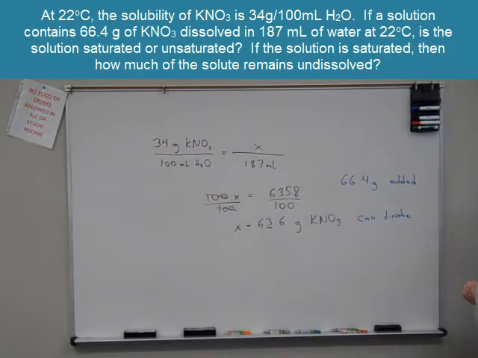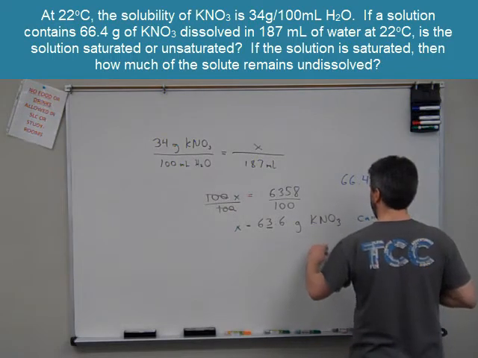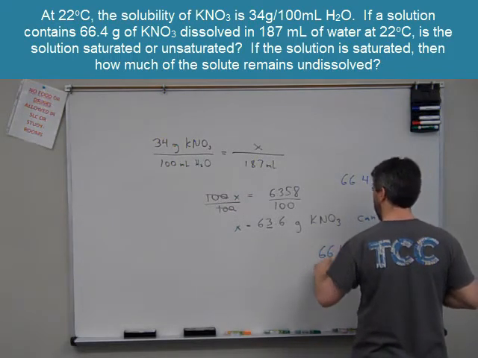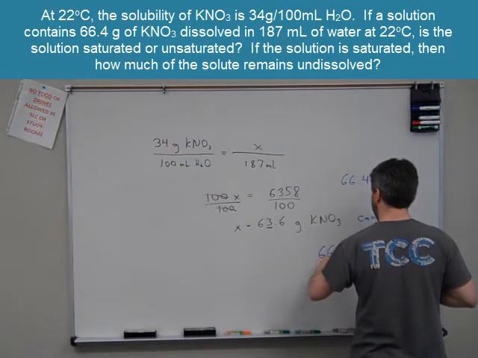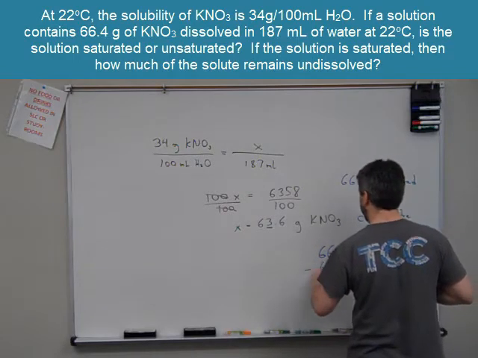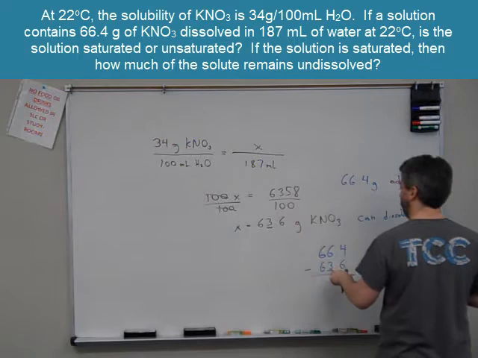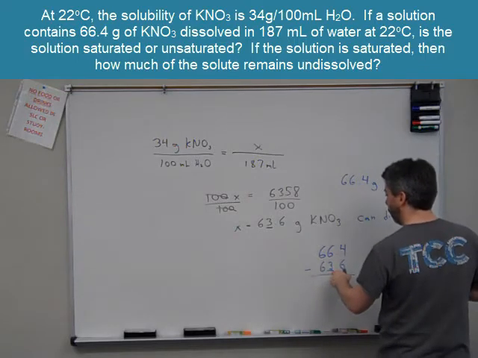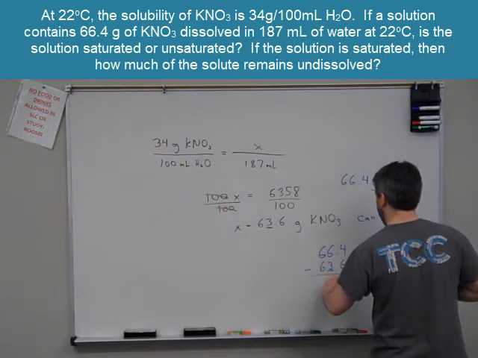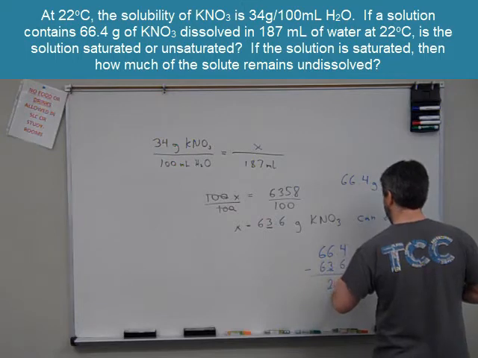How much is going to remain undissolved? We have to subtract 66 minus 63. Now technically speaking, we only have this many sig figs. So when I subtract that, I do get 2.8 grams.